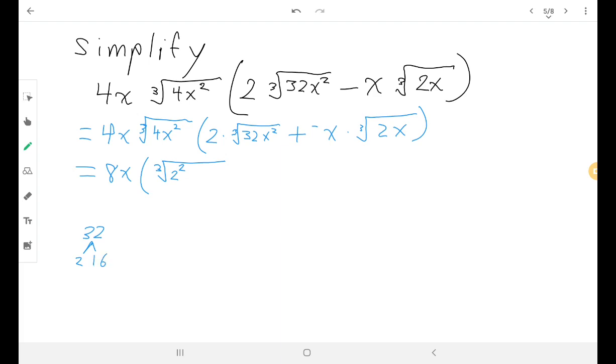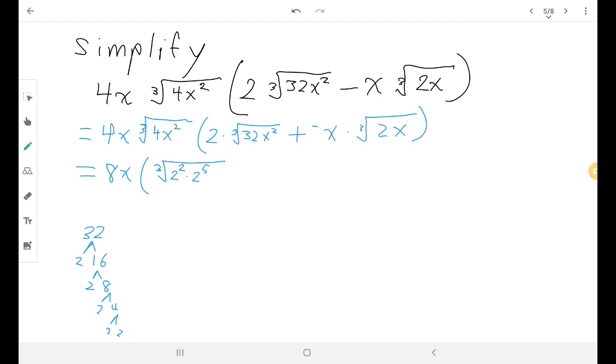It's 2 times 16, which is 2 times 8, which is 2 times 4, which is 2 times 2, and there's 1, 2, 3, 4, 5 there. So instead of writing 32, I'm going to call it 2 to the 5th.